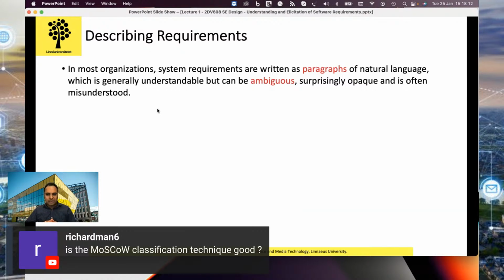As stakeholders or as part of groups of stakeholders, since they come from different backgrounds, different experience, different knowledge, they vary a lot. So describing requirements using proper language is important, also for the developers and requirements analysts.